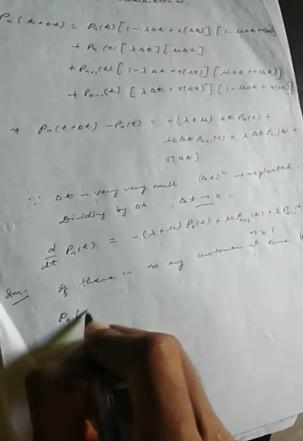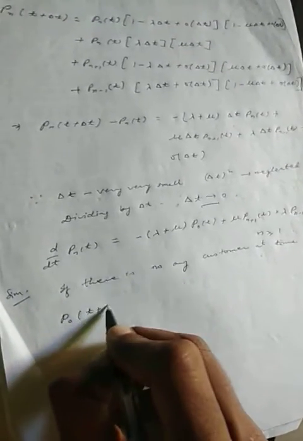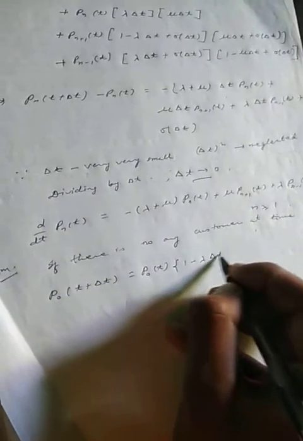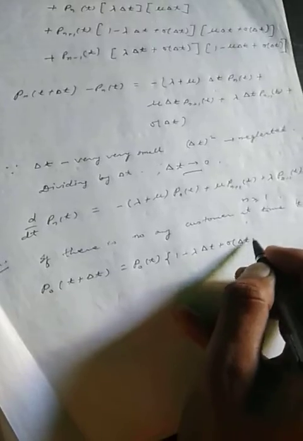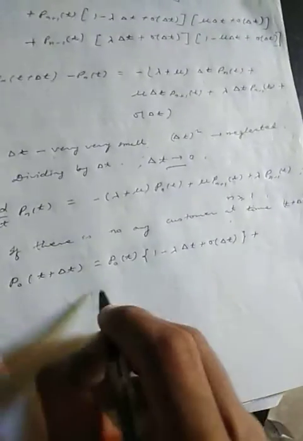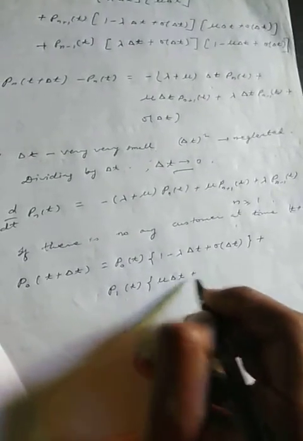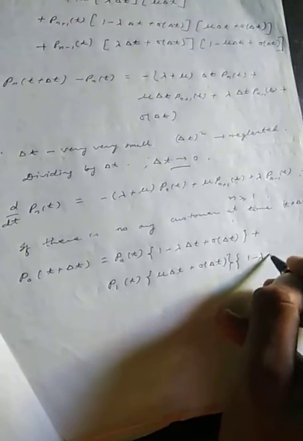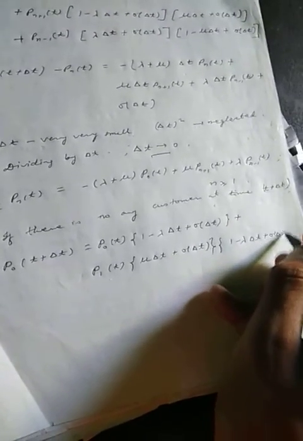Okay, so that will give us P0(t plus delta t) equal to P0(t) into [1 minus lambda times delta t plus order of delta t] plus P1(t) [mu times delta t plus order of delta t]. Okay, and this into [1 minus lambda delta t plus order of delta t].